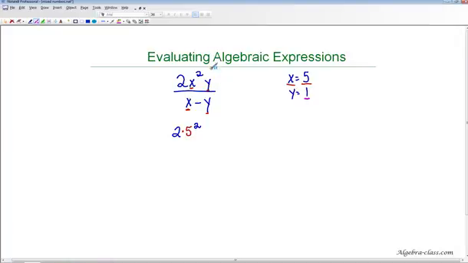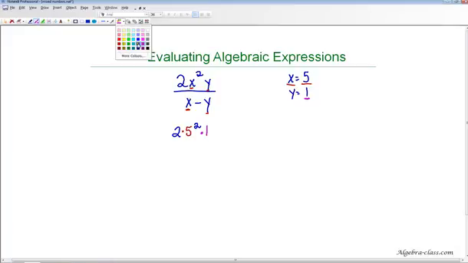And when you substitute into your algebraic expression, you then need to include the operational symbol because we no longer have variables, but we have numbers. And we need those symbols when we're working with numbers because if not, this would look like 25 squared. So here when I substitute for y, I also need to make sure that I put in the multiplication symbol to show that I'm multiplying by 1.